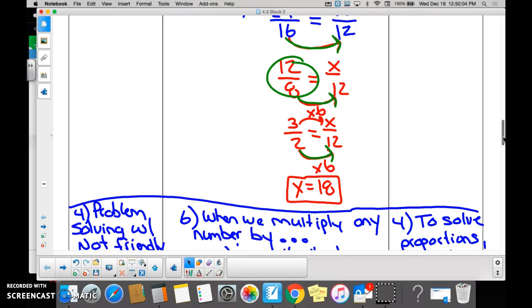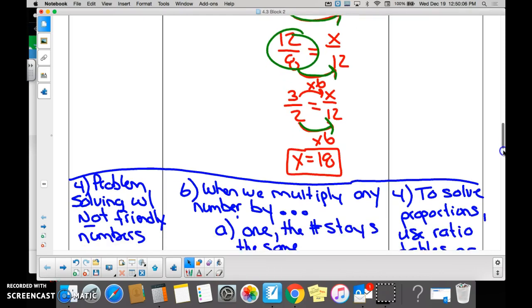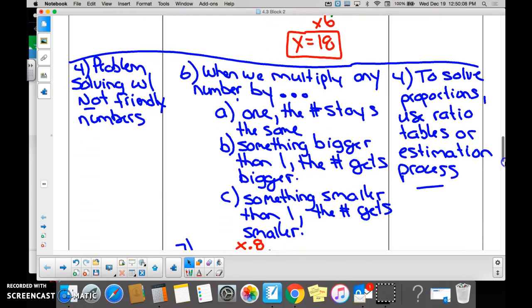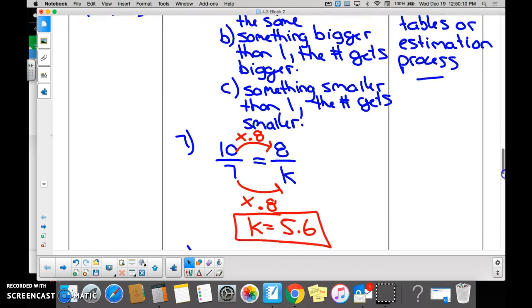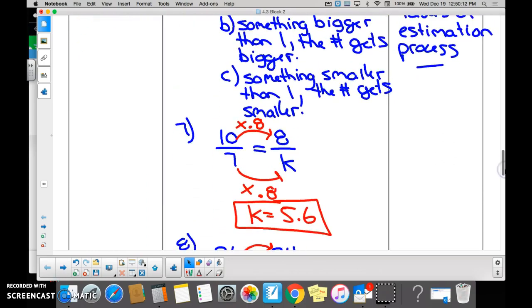Number 4, though, we got into a situation where going from 10 to 8 is not simple, is it? So we tried to reduce, right? Can you reduce 10 sevenths? No. So if we can't reduce 10 sevenths, we just have to get from 10 to 8.